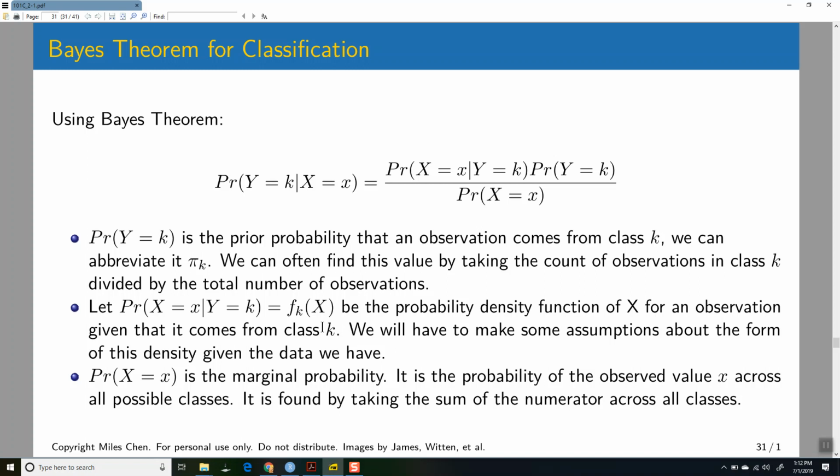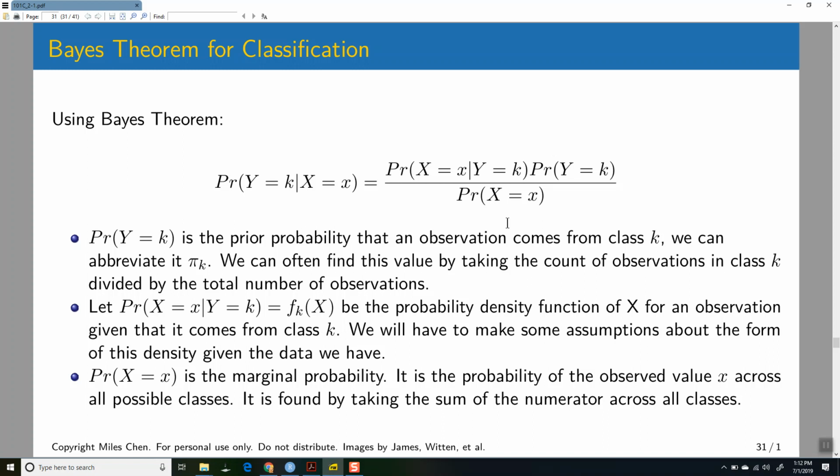We have to assume that the density has a certain form. We're trying to estimate what the density function looks like. For linear discriminant analysis, we make huge assumptions. Maybe they're good, maybe they're not good, but they work a lot of the time. So I guess that means they're okay.